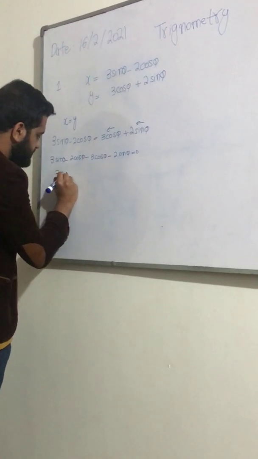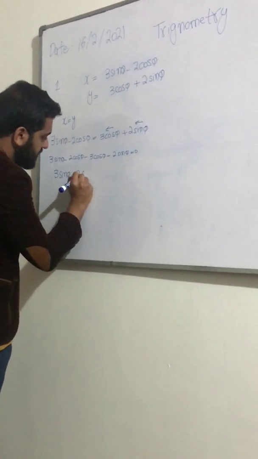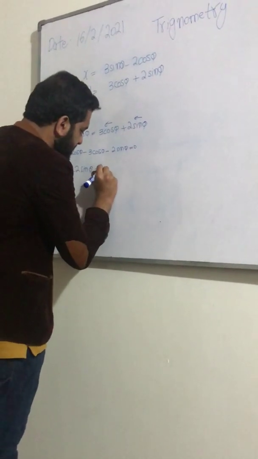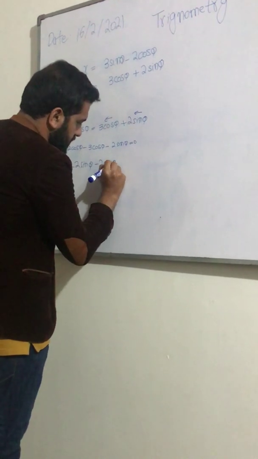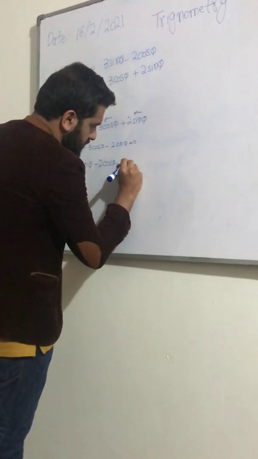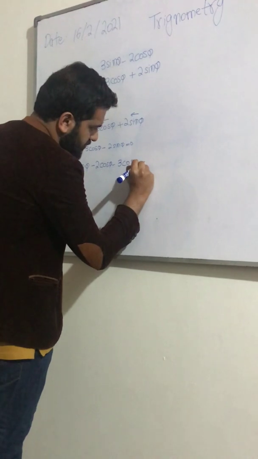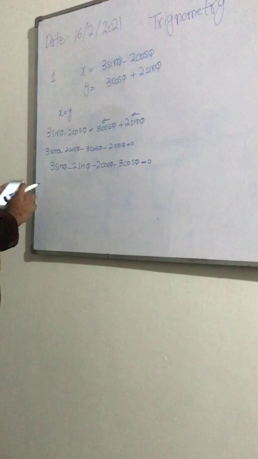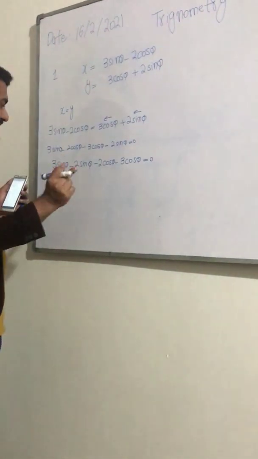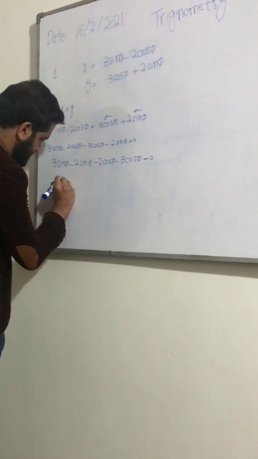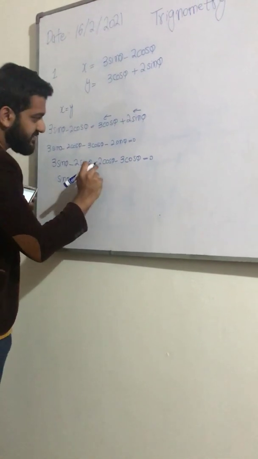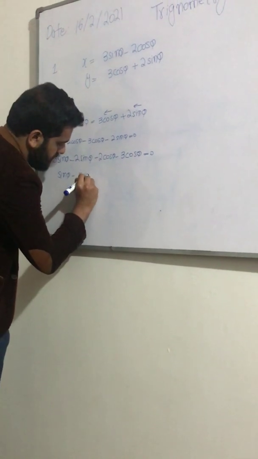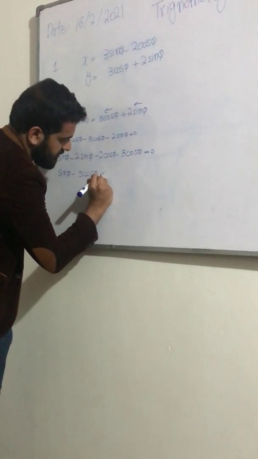3 sin theta minus 2 sin theta and minus 2 cos theta minus 3 cos theta equal to 0. Okay, now subtracting 2 from 3, it will be equal to sin theta, and minus 2 minus 3 will be minus 5 cos theta equal to 0.